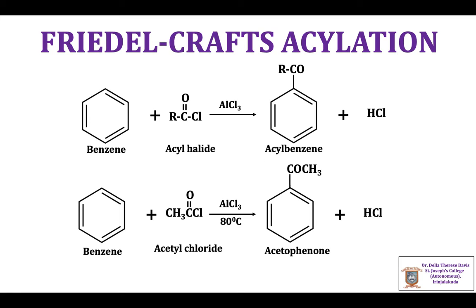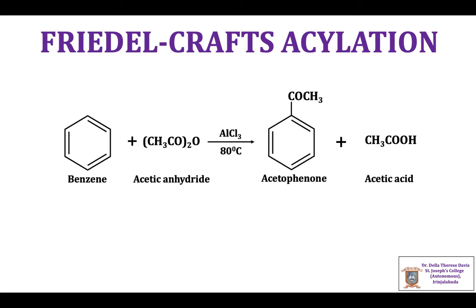So if we take acetyl chloride, CH3COCl, we get acetophenone. It is C6H5COCH3. The reaction of benzene with acetic anhydride in the presence of AlCl3 will also give acetophenone as the product.